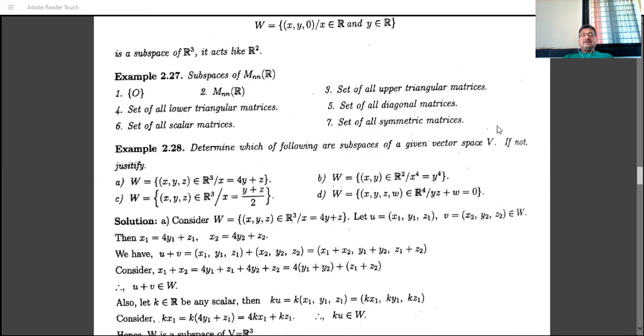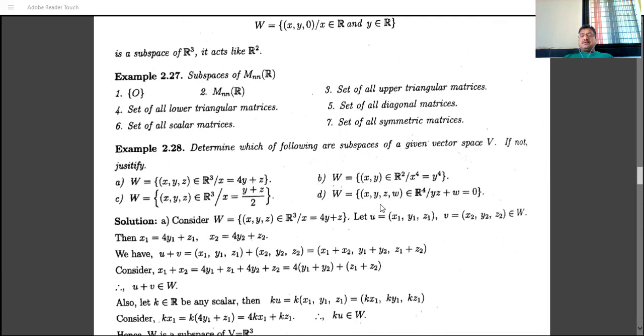So solve all these examples, which determine which of the following are subspaces of a given vector space V, and if not, just define. So this is the subset of R3 such that x is equal to 4y plus z, and x raised to 4 is equal to y raised to 4. So these are subsets of R3.